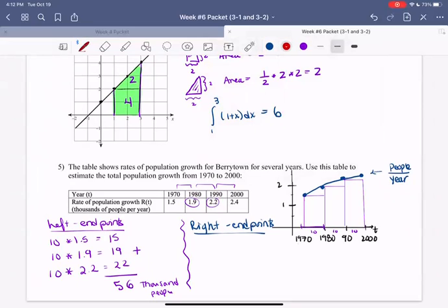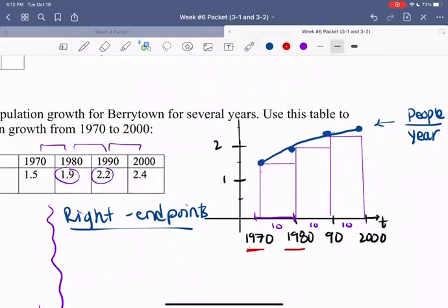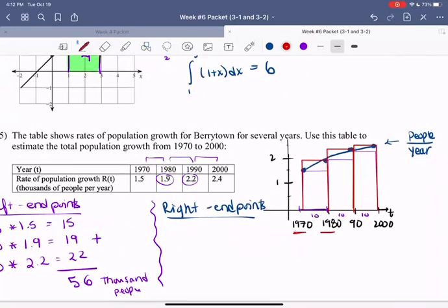Now our rectangles' heights are going to be determined by the endpoint on the right. This first rectangle would be determined not by 1970, but by the output at 1980. We can draw that in here, like this. Let's determine the areas of each of those.